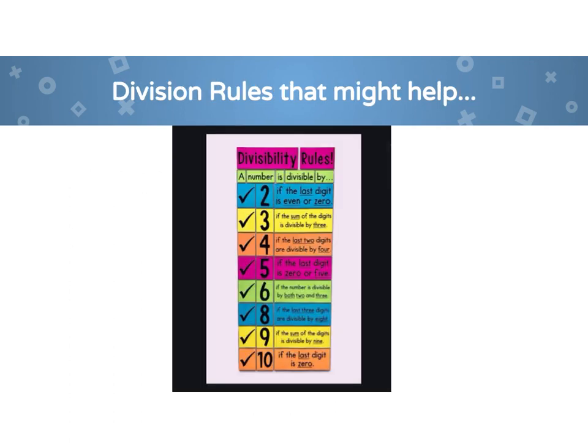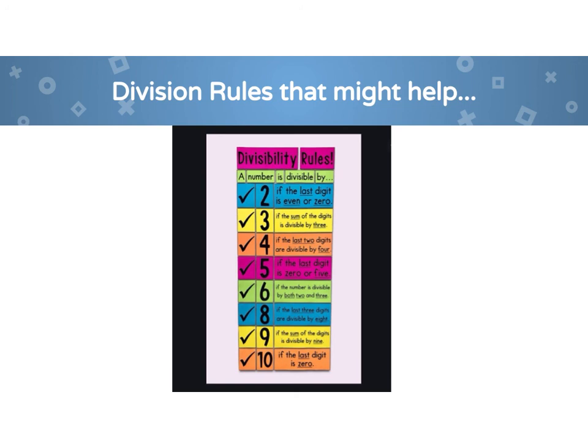Okay, here, just pause the video a minute, and here are some divisibility rules, and I find these really easy. You can take a large number and find out if you can divide it equally by one of these numbers. So if the last digit of a number is even or it's 0, then it can be divided evenly by 2.